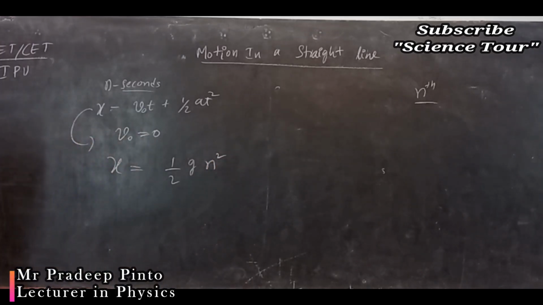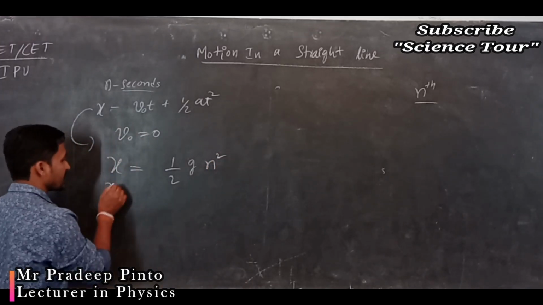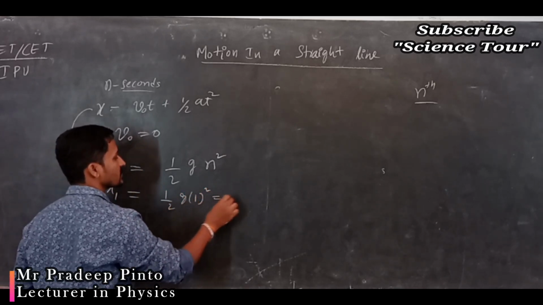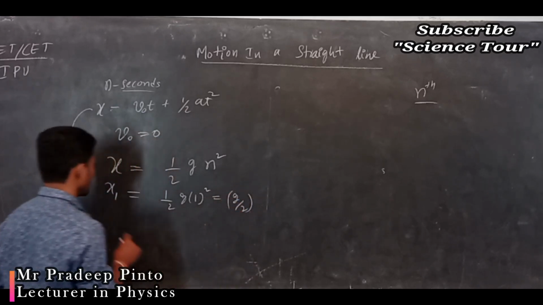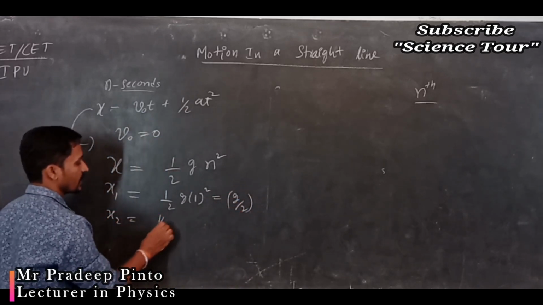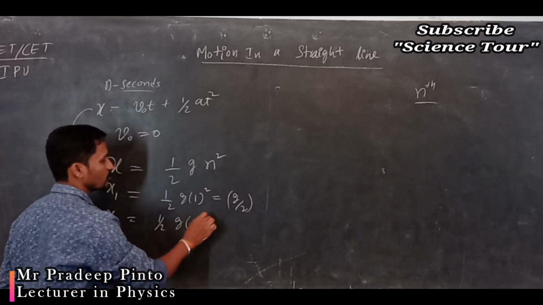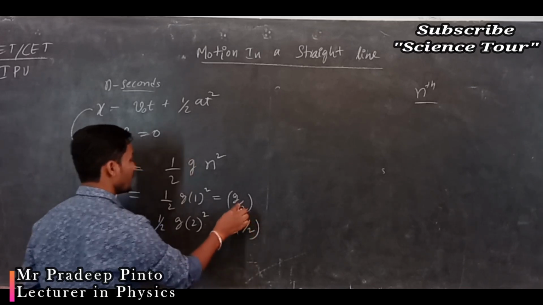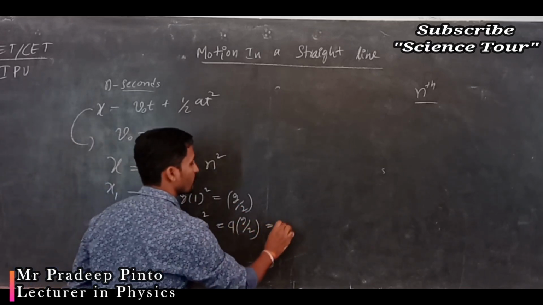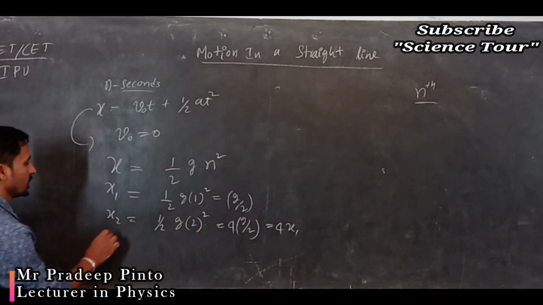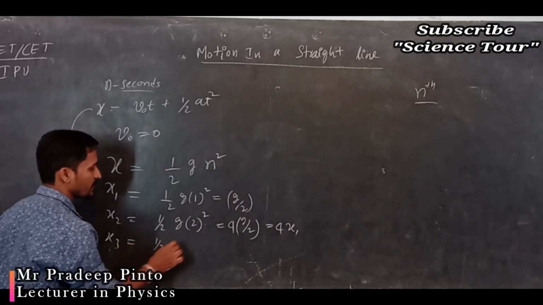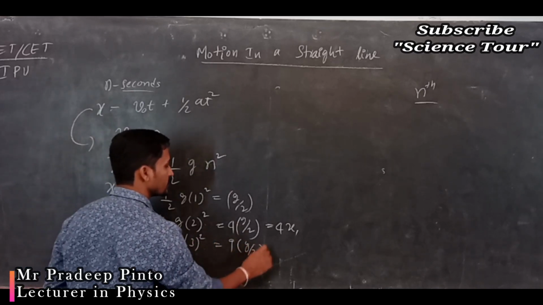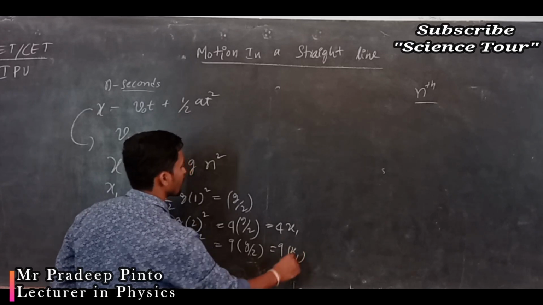For the first second, x = half into g into 1 square, which is g by 2. Next, for 2 seconds: half into g into 2 square, which is 4 times g by 2. G by 2 is x1, so I can write 4 times x1. Next, x3 is half into g into 3 whole square, which is 9 times g by 2, that is 9 times x1, and so on.